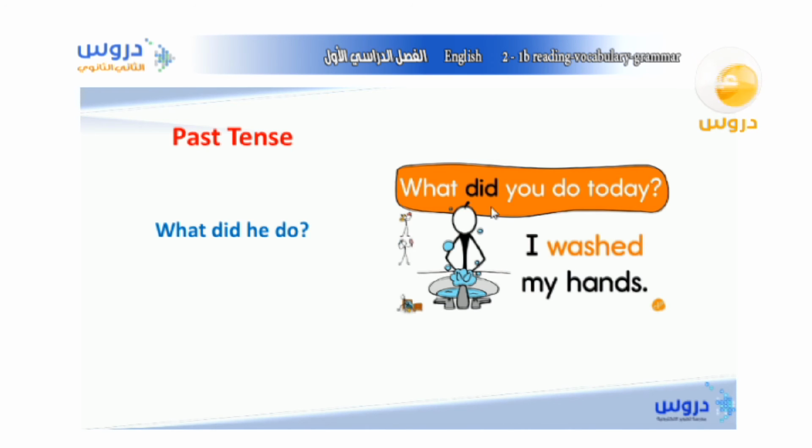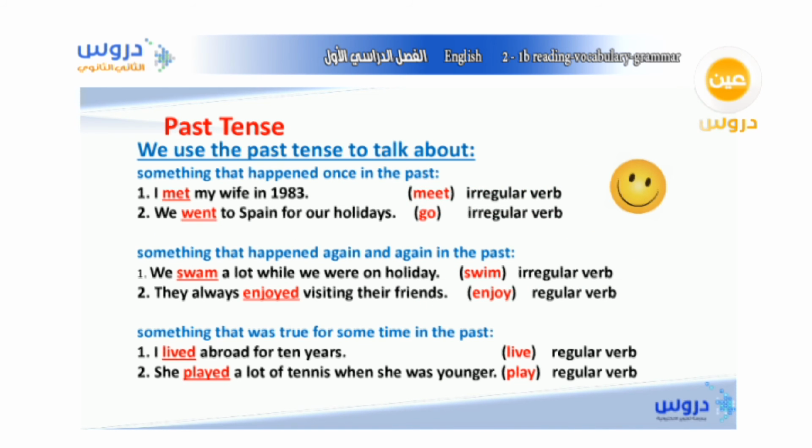I went to the mall. I bought some clothes. And I drove to the maintenance shop. So this is, I think, most of the things that I did on the last weekend. So we use the simple past to talk about things that happened and finished completely in the past.